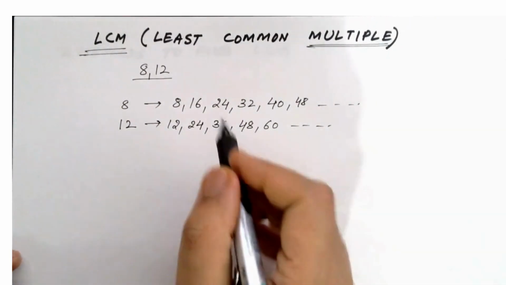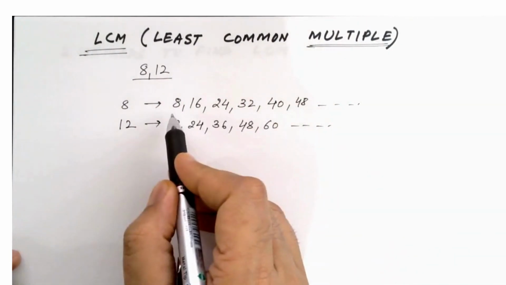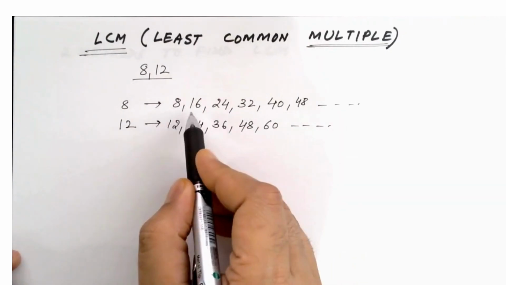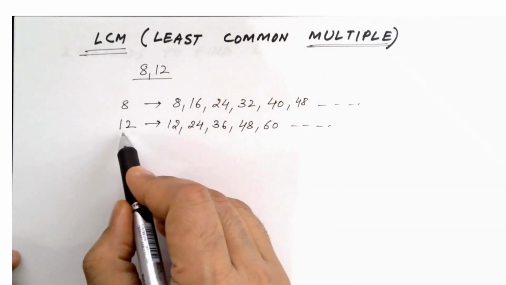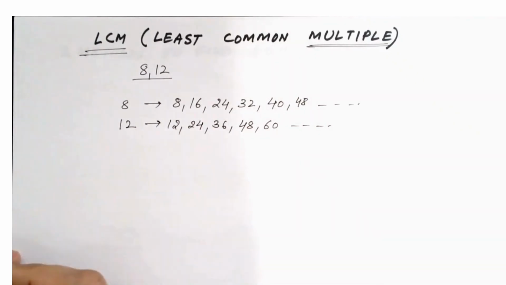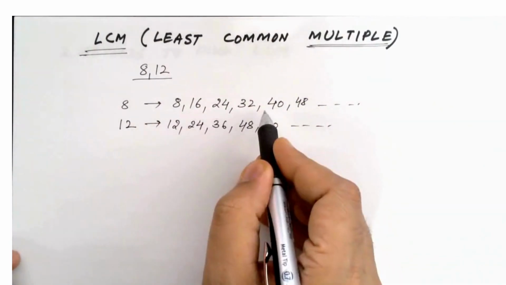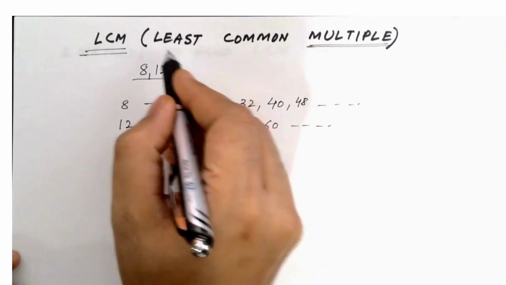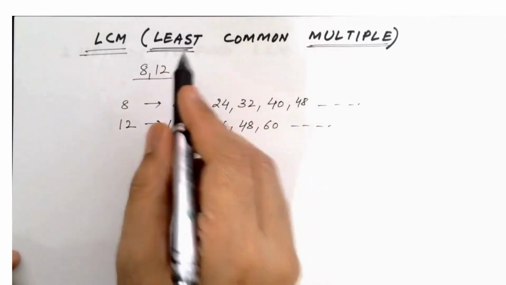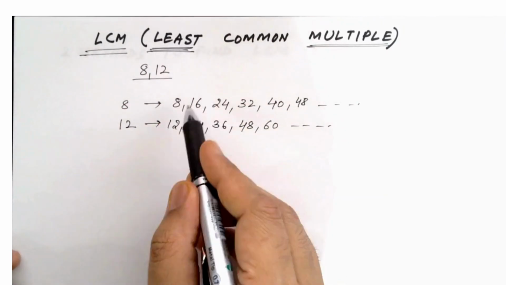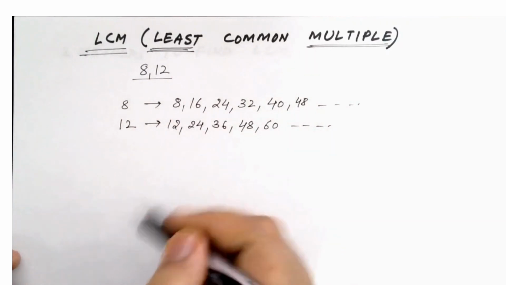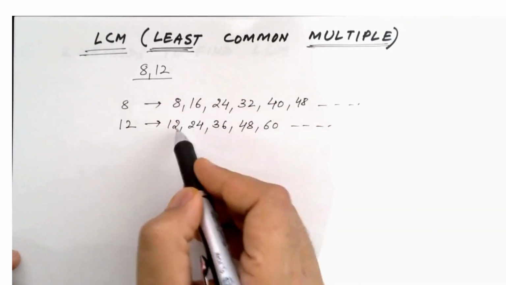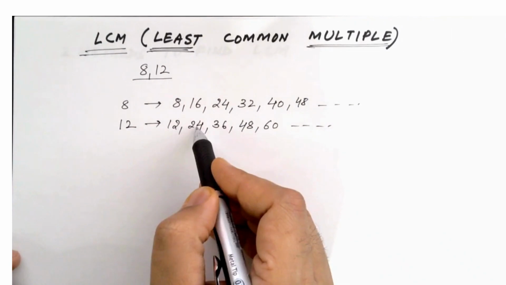Basically you can see we have written the numbers from the table of 8 and the numbers from the table of 12. Out of these numbers, we have to find the smallest number which appears in both series. 8 is not common, 16 is not common, 24 is common.